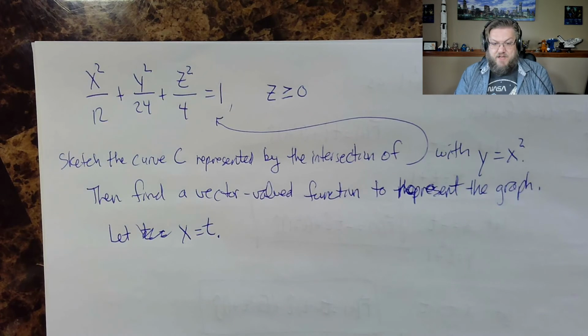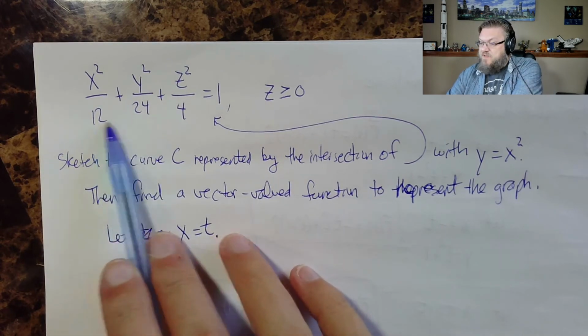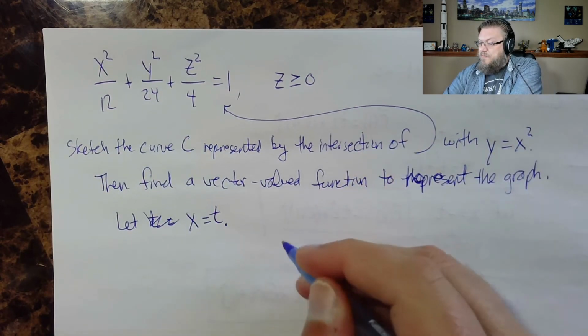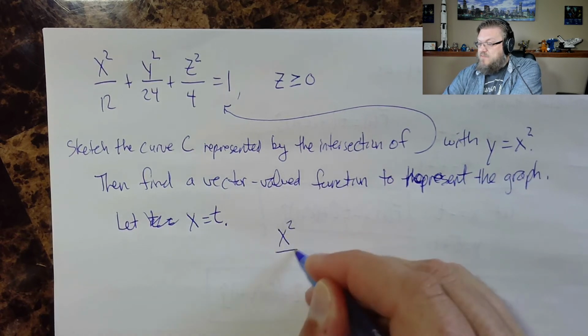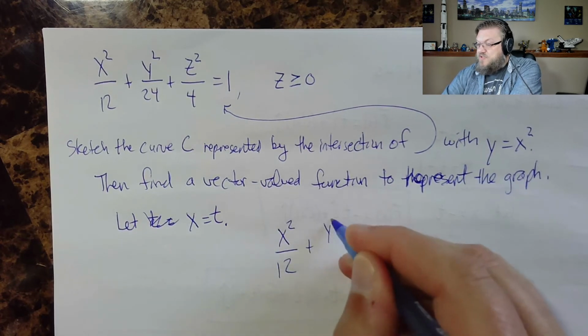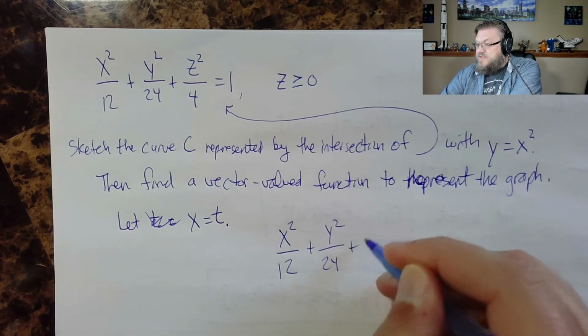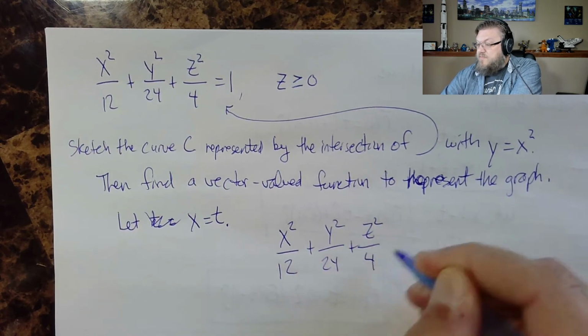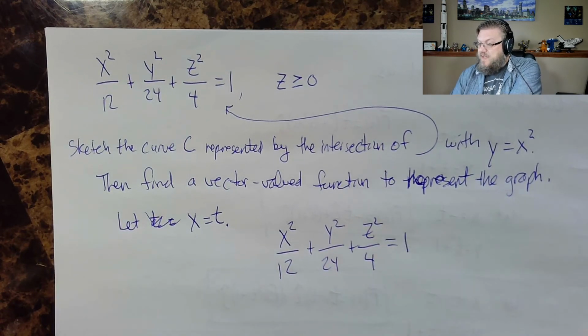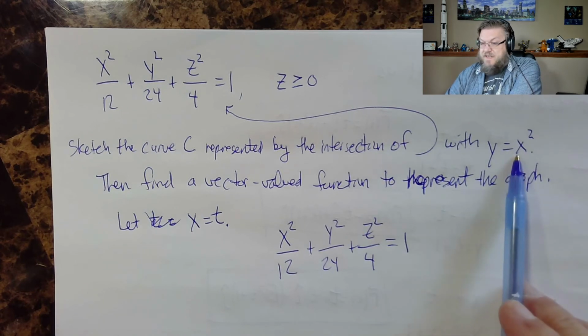Okay. And what I'd like to do is try to get this to be an intersection of two curves here, right? So now let's play around with this a little bit. We get x squared over 12 plus y squared over 24 plus z squared over 4 equals 1. Now, wait a minute.